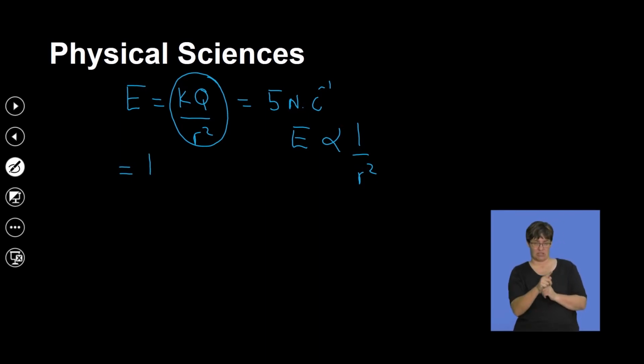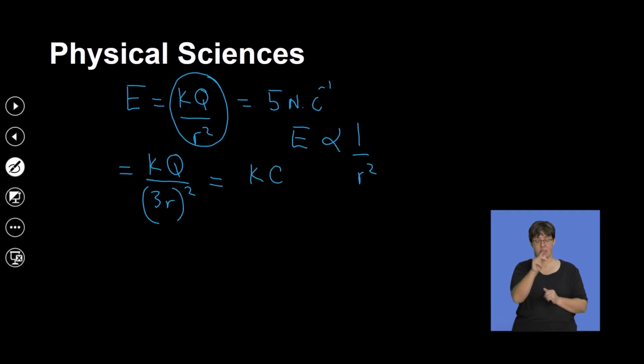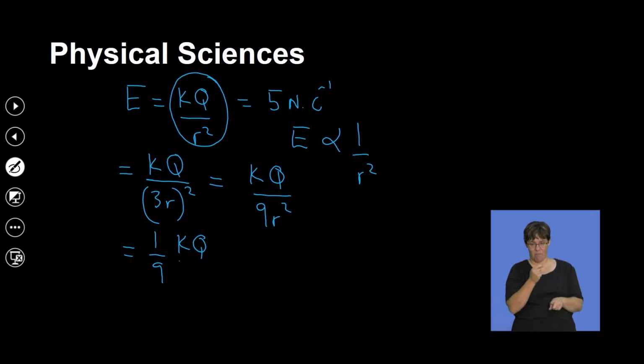So we'll have KQ, Q is still the same charge, divided by 3R, but we square 3 times the original distance. So what do we have here? We have KQ over 9R squared, okay? So I think we're onto something here. We already say it's a ninth of the original magnitude of electric field at a point, because we know that this is 5 newtons per coulomb.